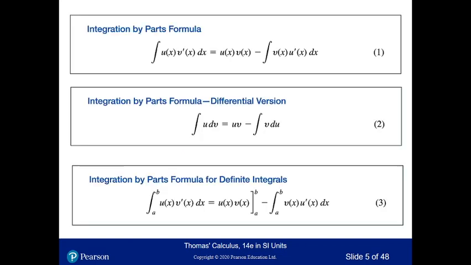Next we are going to see integration by parts. The integration by parts formula: the integral of u of x v prime x dx is uv minus the integral of v u prime dx.